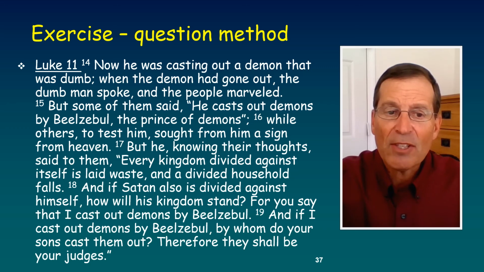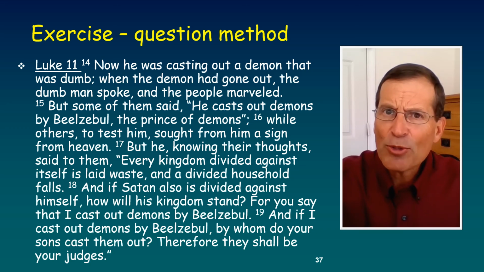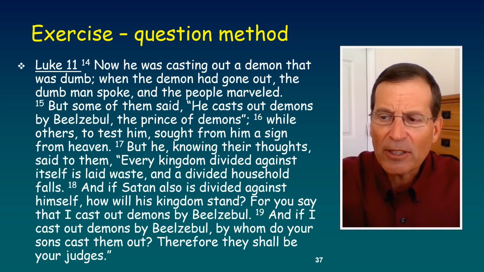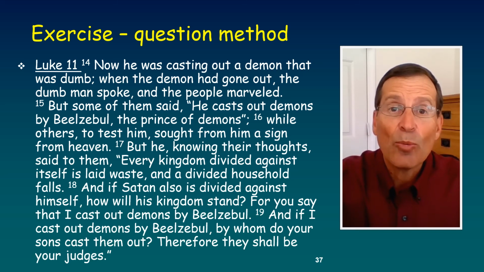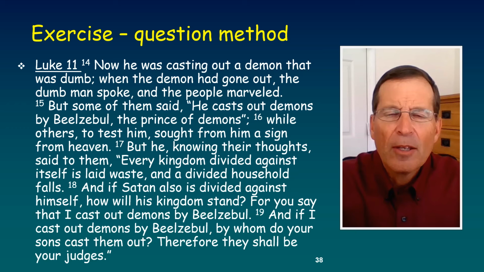At the end of 17, a divided household falls. If that figure of speech to a household falling is not clear, GNT says falls apart, or CEV says will break up. What about writing detailed questions for verse 18? It says, if Satan also is divided against himself, how will his kingdom stand?